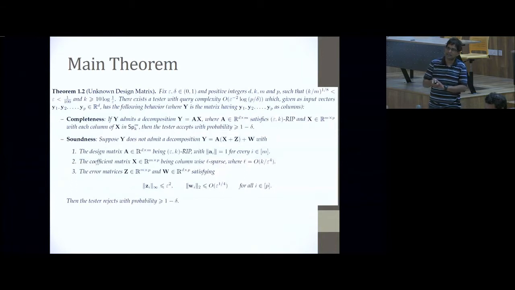So this is a relaxation of Y being equal to A times X. Here I'm allowing additional flexibility: X is not exactly k-sparse, but it could be a perturbed version of a sparse set of vectors, and W is not exactly 0, but it could be small in the sense that every column has small norm. So if Y does not even admit this kind of decomposition, in that sense Y is far from having this decomposition, then the tester rejects.